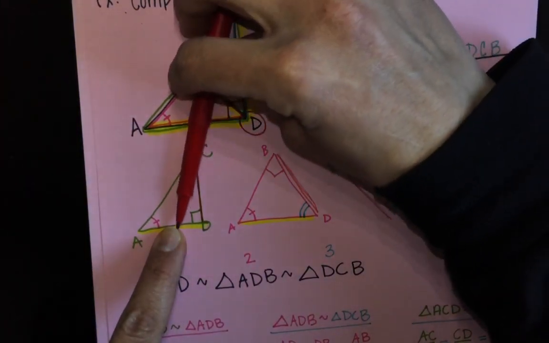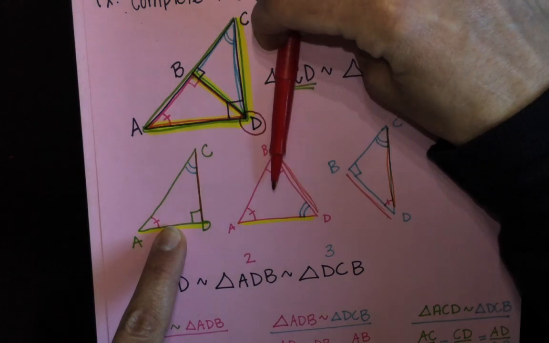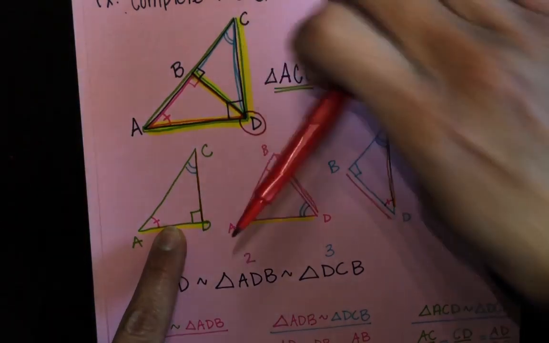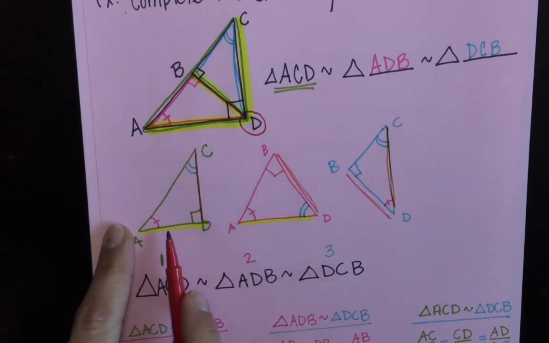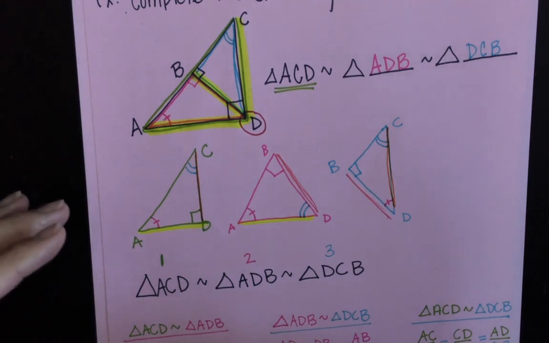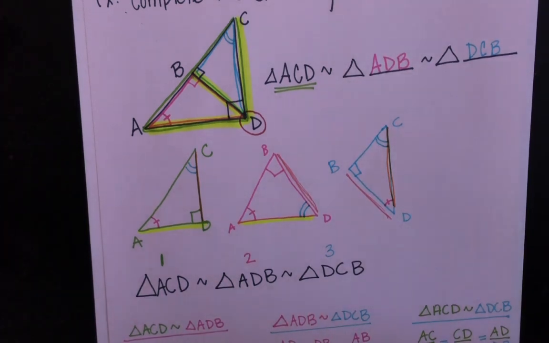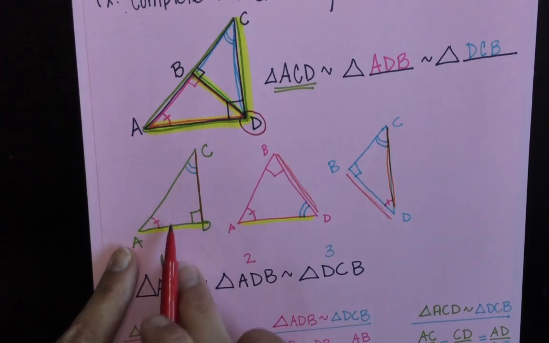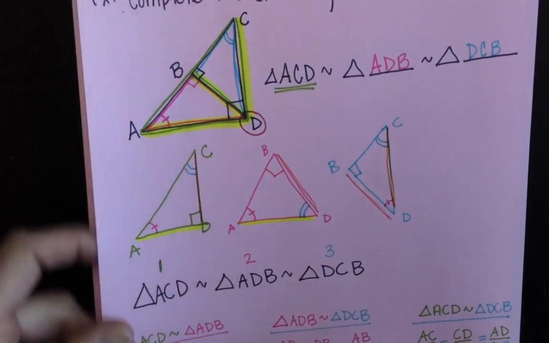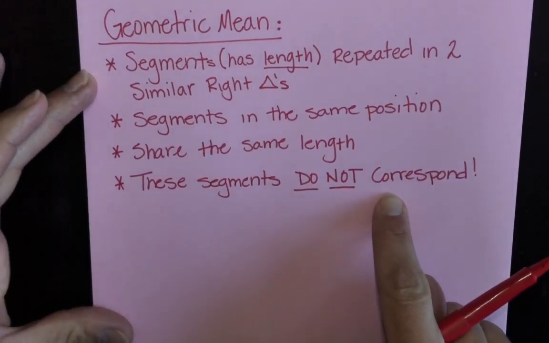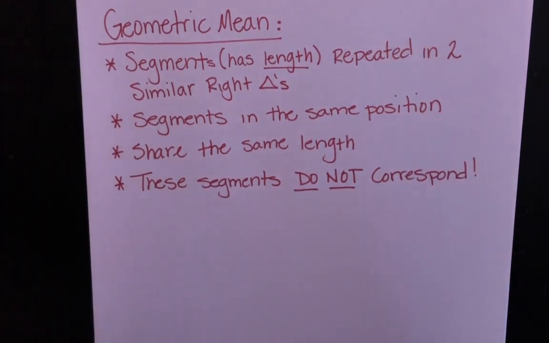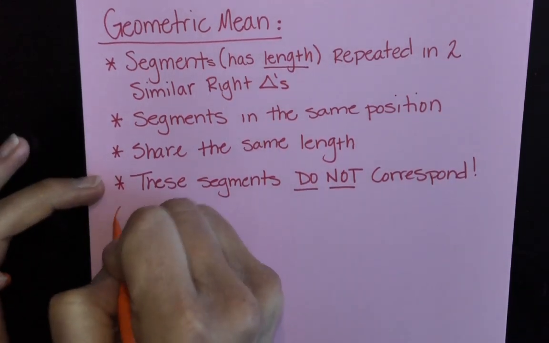In this triangle, it's a leg, but in this triangle, it's the hypotenuse. And we know that the hypotenuse is the longest side of the triangle. A leg is not. So all last chapter, we talked about matching shortest to shortest, longest to longest, middle to middle. We're not doing that here. These do not correspond. So it is very much like reflexive, but they do not correspond.